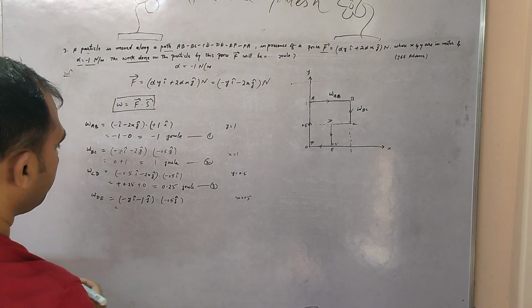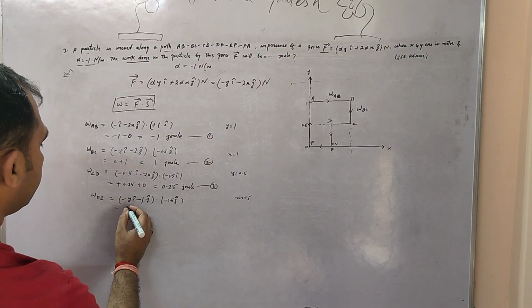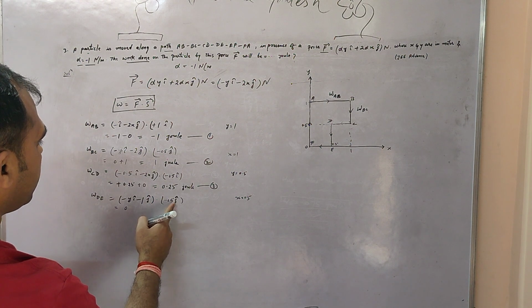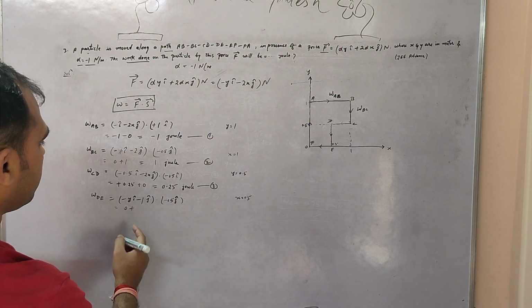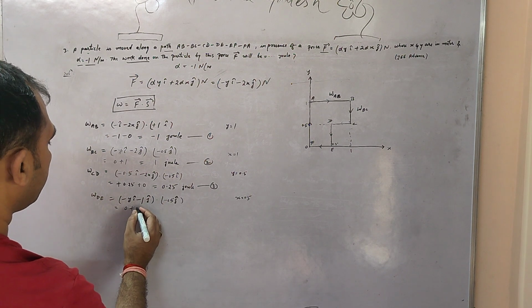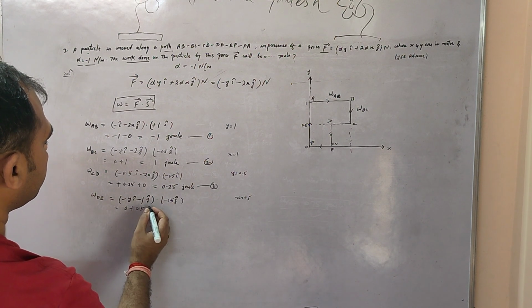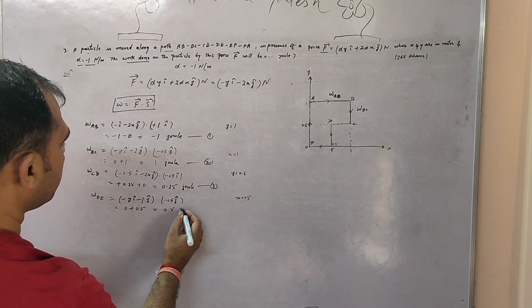Let us multiply. See, i dot j again 0. Now j dot j is 1, minus minus plus 1 into 0.5, that will be 0.5, and j dot j is 1. So this will become 0.5 joule.